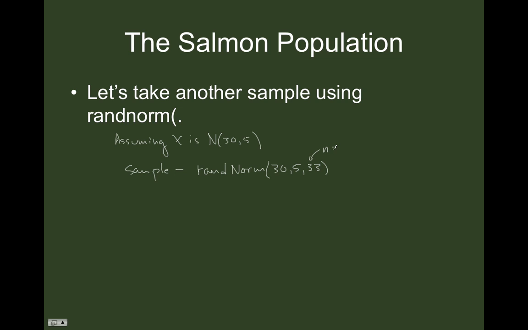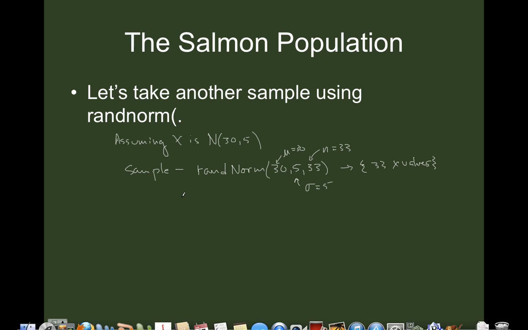Let me be clear here. This is N equals 33. This is sigma equal 5. And this is mu equal 30. So what randNorm is going to produce is a set of 33 x values. And then I can take the mean of that set, and that will give me a particular sample mean value.